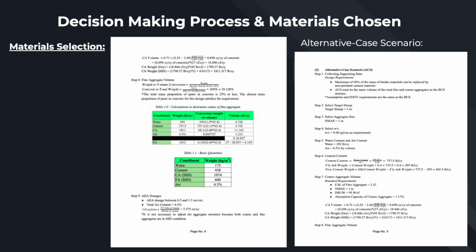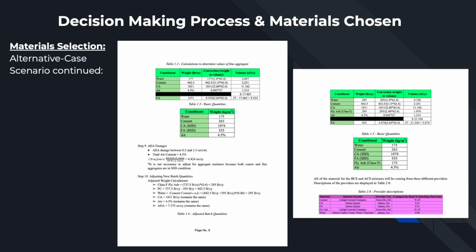Our other case scenario mixture design was our alternative case, and this was designed to be our more eco-friendly concrete mixture. The alternative case mixture was made to be more eco-friendly by using SCMs, or supplementary cementing materials. Specifically, we used fly ash, which decreases the amount of cement material used while increasing the long-term strength.